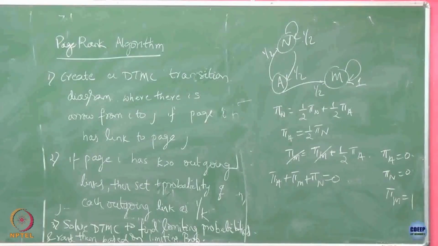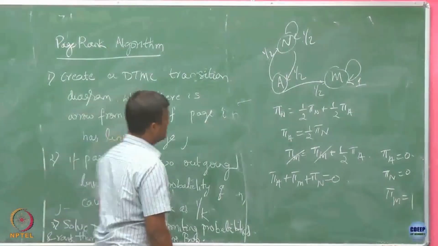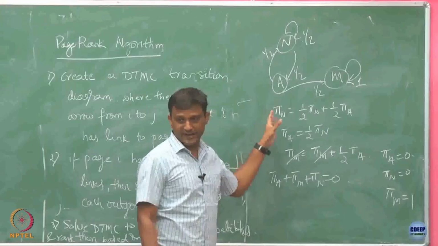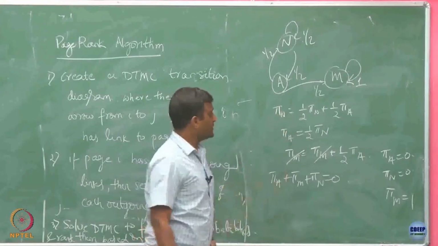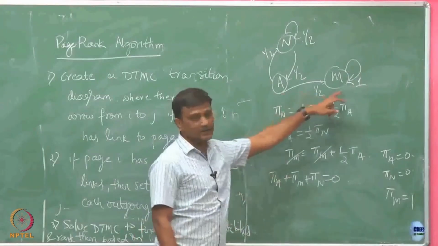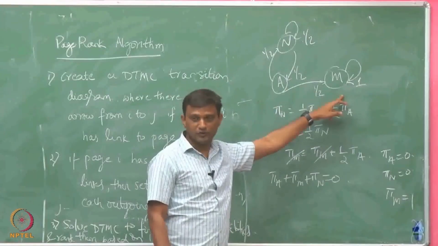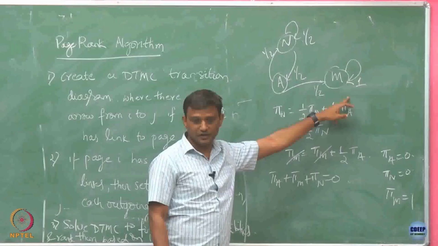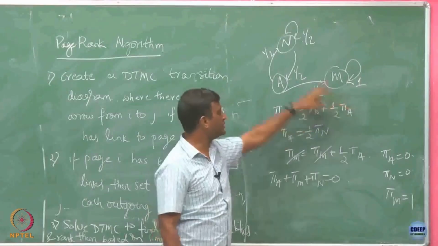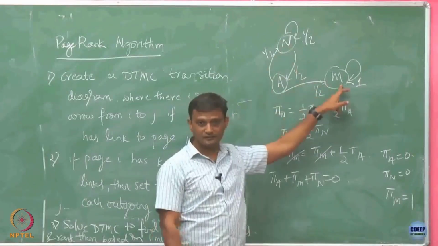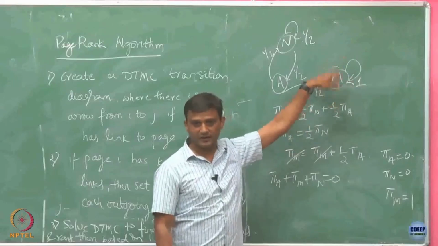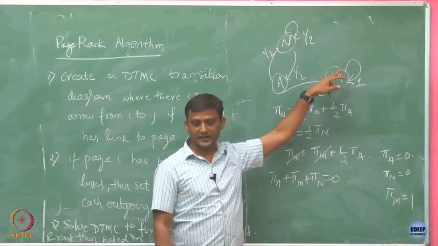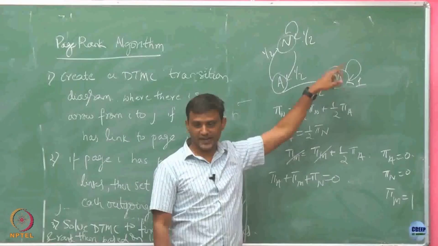So what is happening here? If you blindly take this invariant probability vector, you are basically giving most preference to this dead trap here. I am going to call this a trap, because once you hit this page, it is always redirecting to itself, it has a self loop.